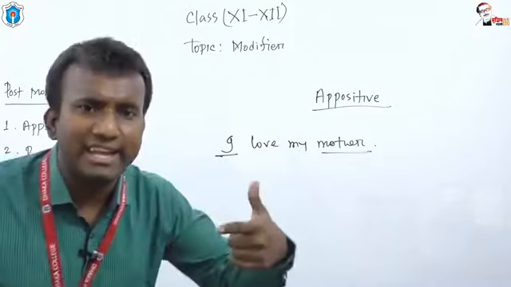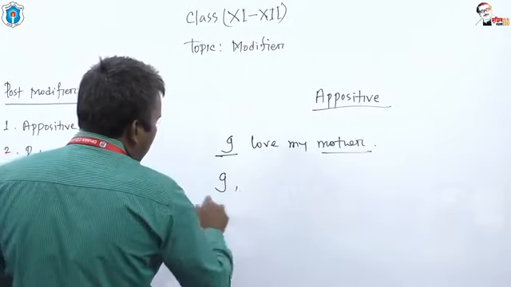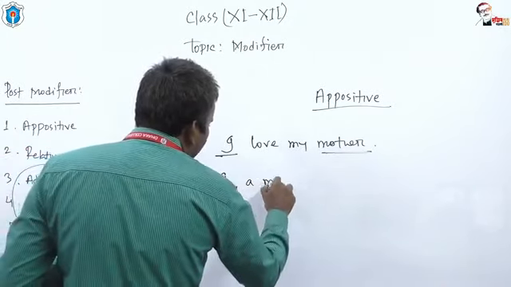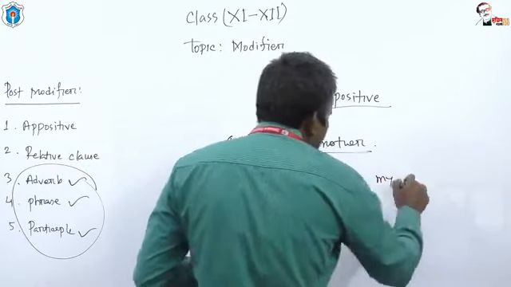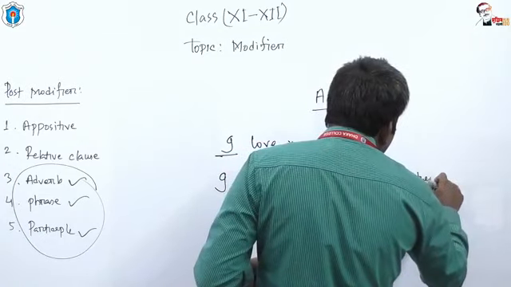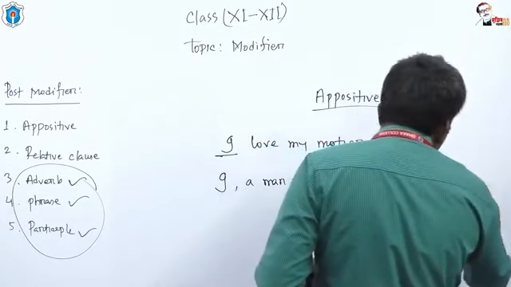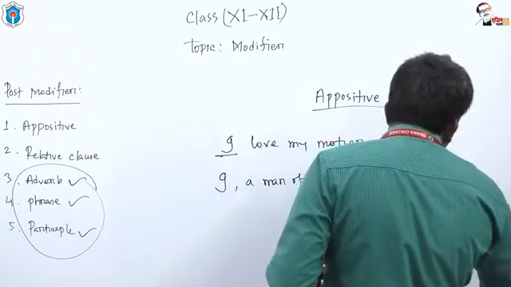If I write, I, a man of 30, love my mother, a religious woman. Now look at the sentence: I, a man of 30, love my mother, a religious woman.